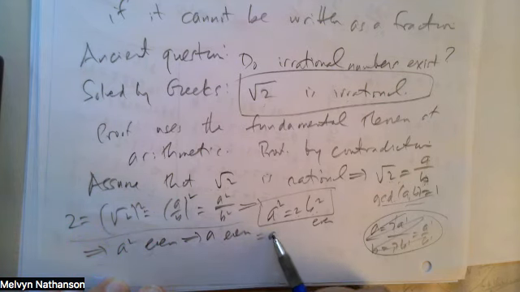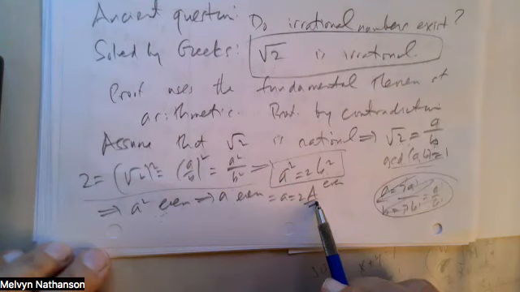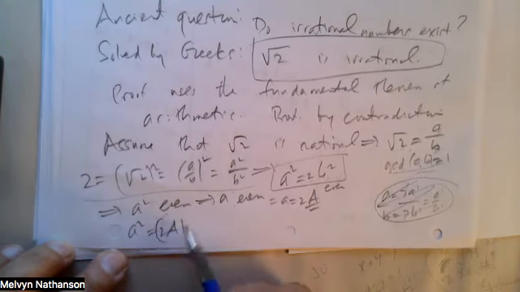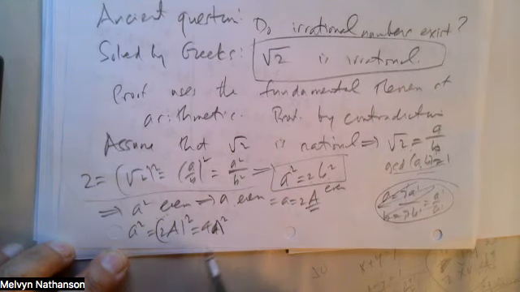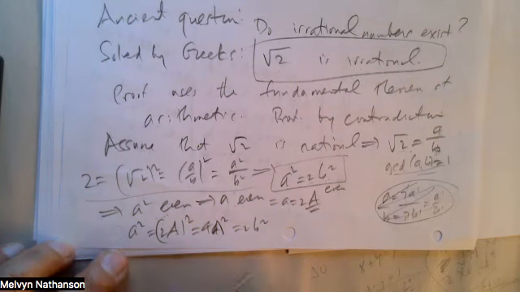So a even means a is equal to 2 times capital A. That's the definition of an even integer. It's twice an integer. So a squared is 2 capital A squared. Square this, you get 4 capital A squared. A squared is equal to 2b squared.